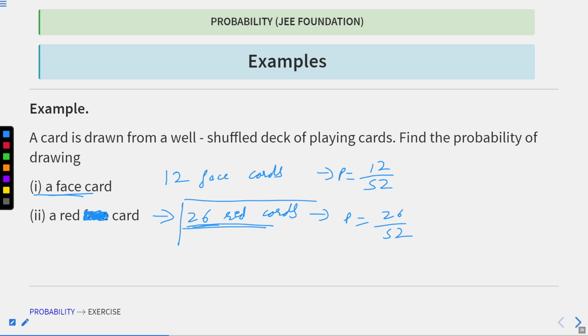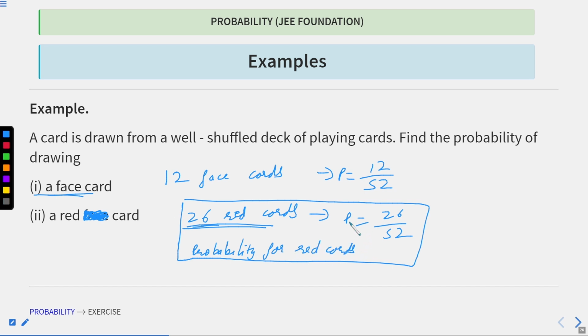That is the probability for red cards, 26 by 52.